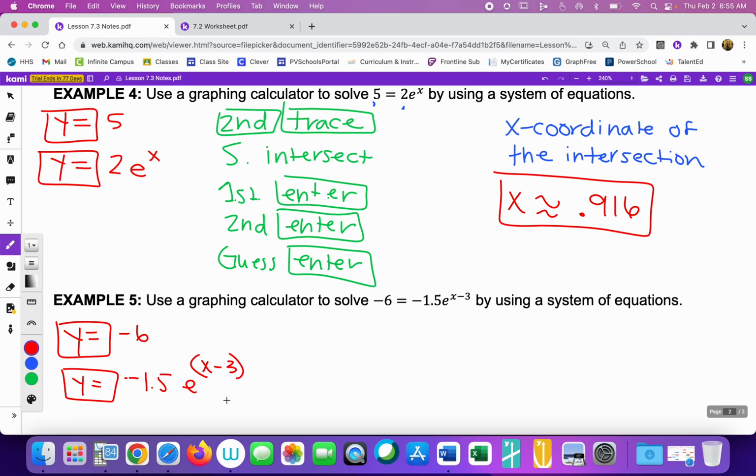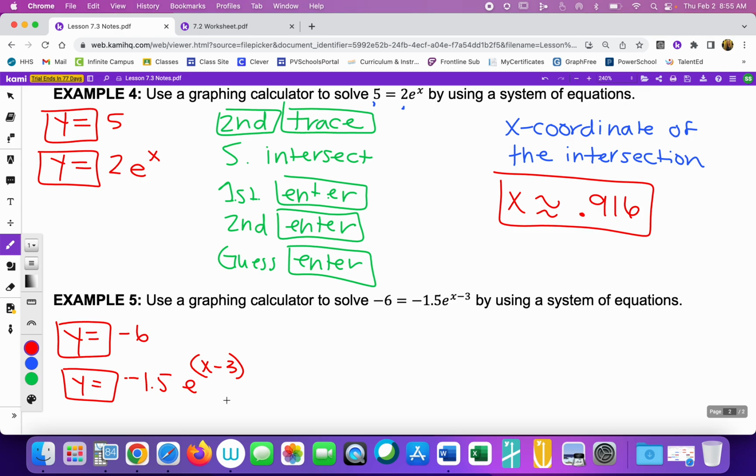When I get to the intersect part, on the bottom of the screen, it should say first curve. As long as it's on one of the lines, hit enter. Even if it's on a line that's numbered, that's okay. Hit enter. It will jump to the second line. Hit enter. And then when it says guess, move it to where the intersection looks like it is and then hit enter. So you're just showing it where to look.